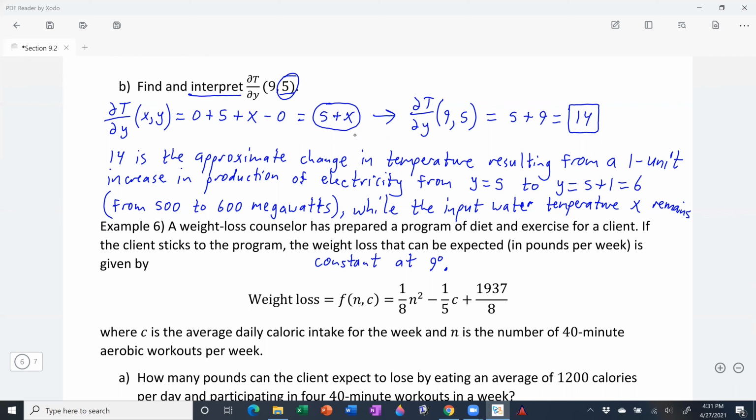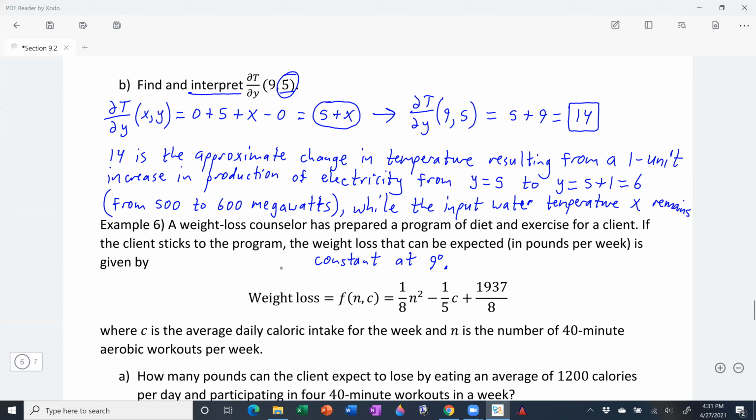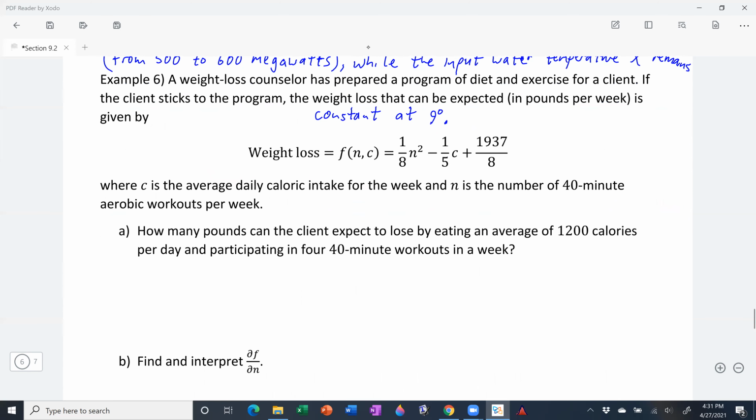We can analyze all kinds of different perspectives of a certain type of situation, depending on which variables we want to focus on. Very, very interesting, very, very cool stuff. And yeah, I agree, the interpret part of it is definitely the most challenging part. Okay, so I'll make a separate video to pick up on example 6.